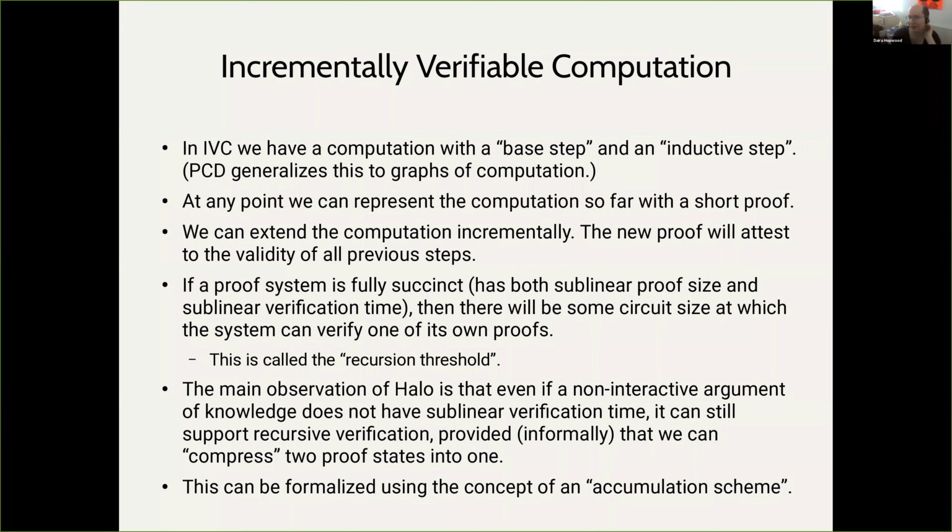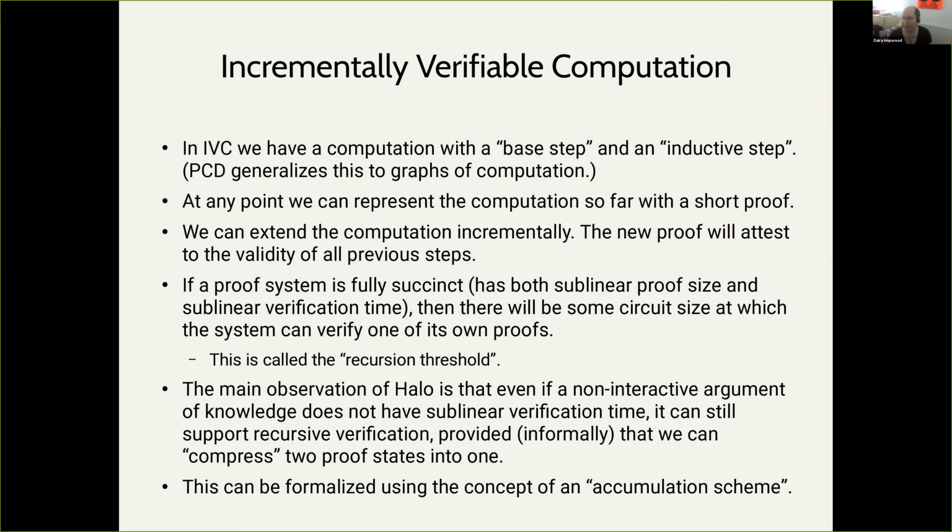We can generalize this to arbitrary graphs of computation rather than a linear one, but let's stick with the linear for the time being. We want to be able to represent the computation so far with a short proof, and then validate that proof, and that will convince the verifier that all of the previous steps were correct.